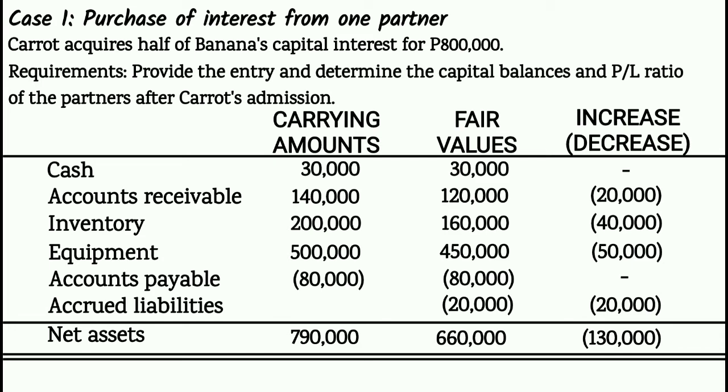Of course, pwede nyo ring makompute yung negative 130,000 pesos by adding all the decreases sa increase or decrease column. Negative 20,000 pesos plus negative 40,000 pesos plus negative 50,000 pesos plus negative 20,000 pesos.